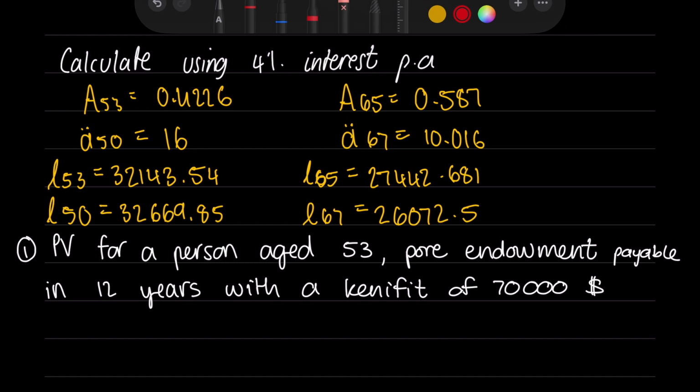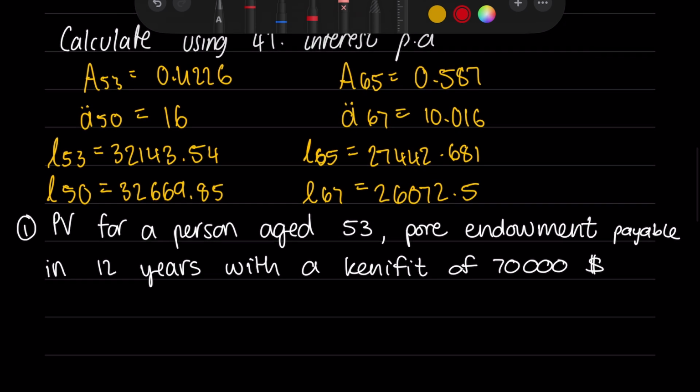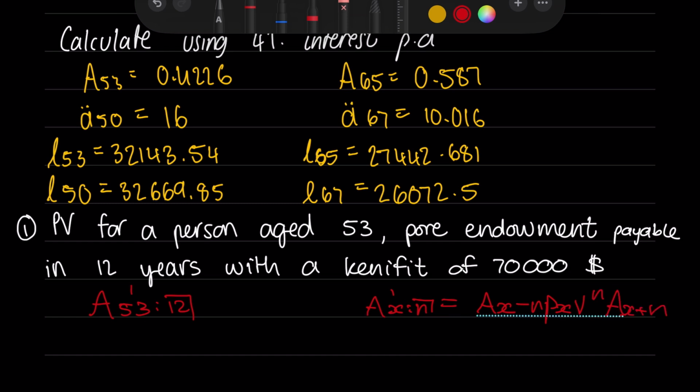Cool. So the pure endowment, that's this one. So let's start by just calculating this, 53 with the line there with a term of 12 years. So you should remember the formula for A_{x:n} is equal to n p_x v^n times A_{x+n}.